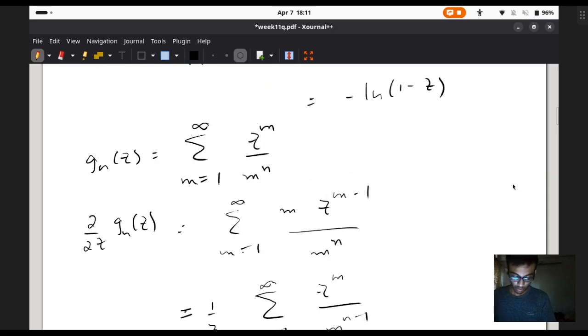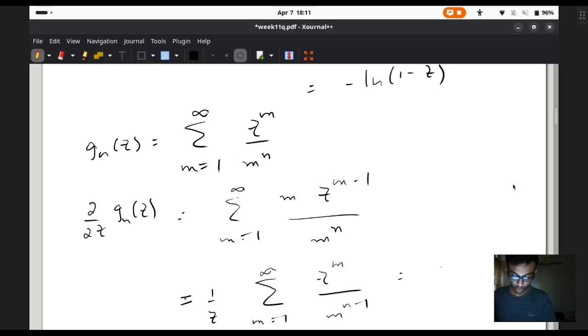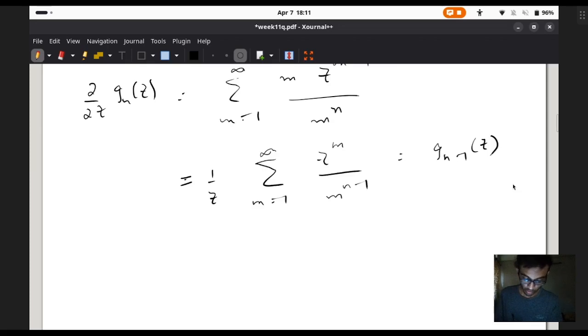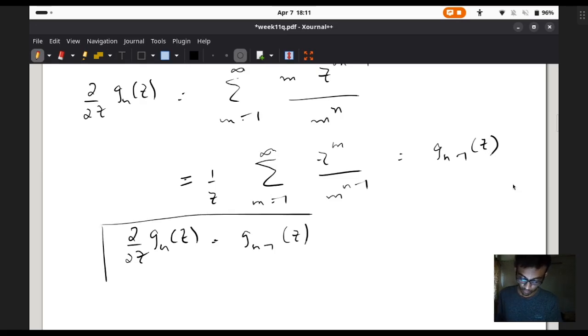So this is going to be simply g n minus 1 of z. So the result is that it's equal to this.